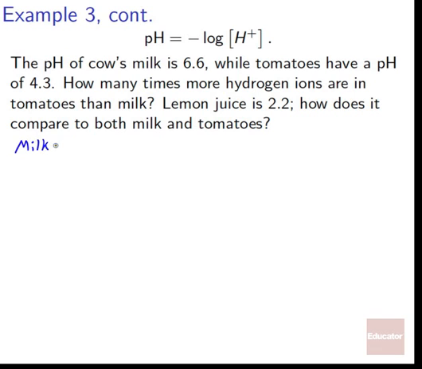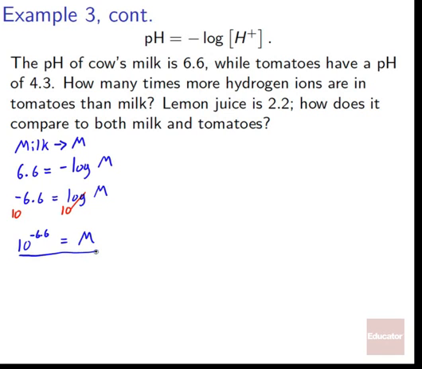For milk, we'll describe its hydrogen ion concentration with the letter M. So its pH was 6.6, and that's equal to negative log of M. We move the negative over, we get negative 6.6 equals log of M. We can raise both sides to the 10. This cancels out, and we wind up getting that 10 to the negative 6.6 is equal to the molarity concentration of milk.